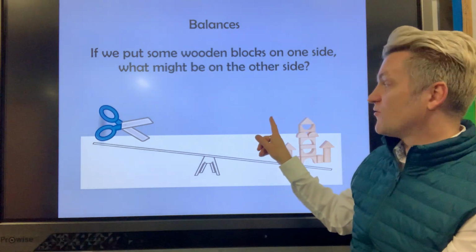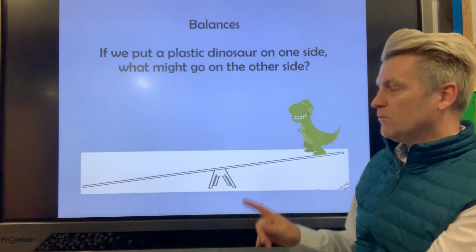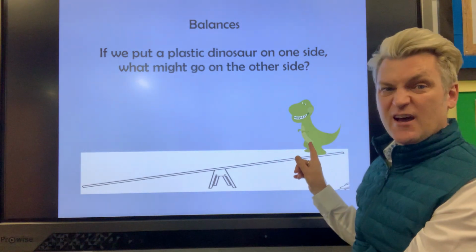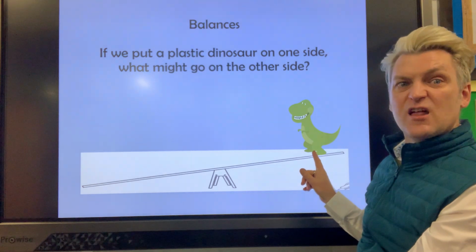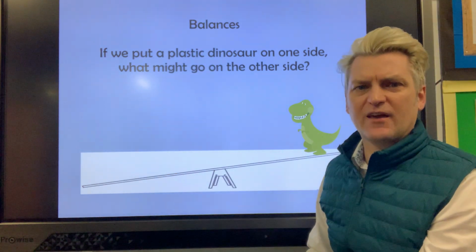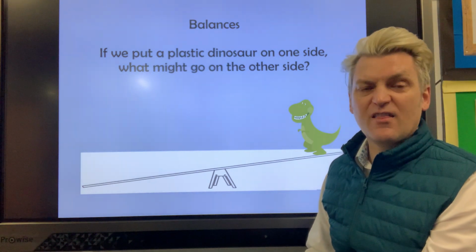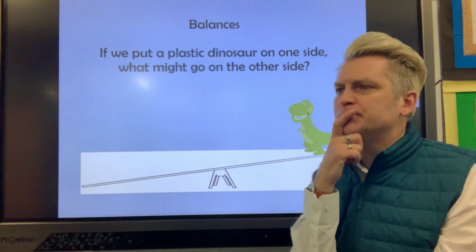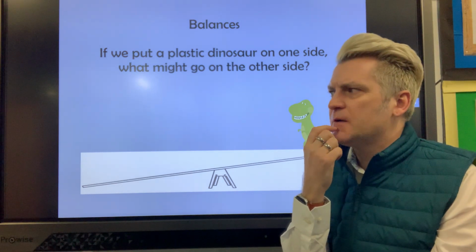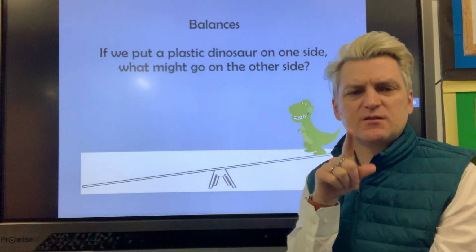Okay, I've got another one for you now. Here we are, look. Oh, got a toy dinosaur. But this toy dinosaur is on the light side because he's up. So we need to think of something that might be heavier than a toy dinosaur. What could it be? Ooh, maybe some books.